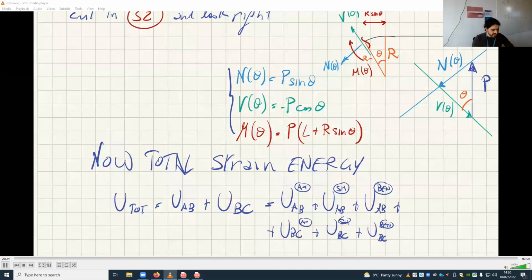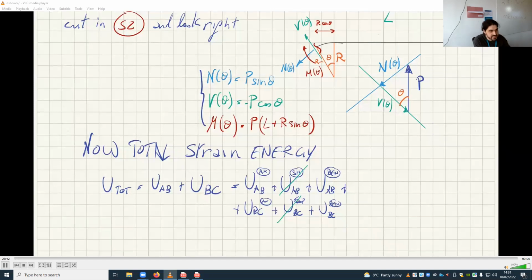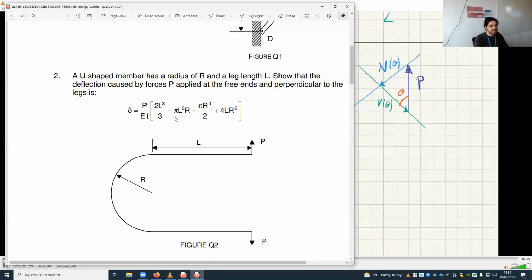Now, since I am of good heart, I would say the shear ones we neglect for slenderness, but in reality, you can only neglect the first one for slenderness. The second one is not slender, might not be slender. And to make the calculations easier, also because I believe that the tutorial question doesn't have EA at the bottom, that means it's also neglecting the normal force.